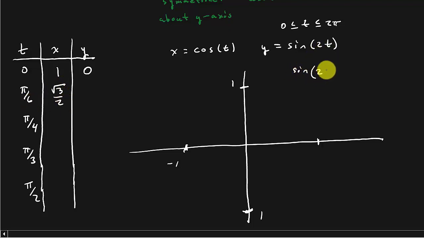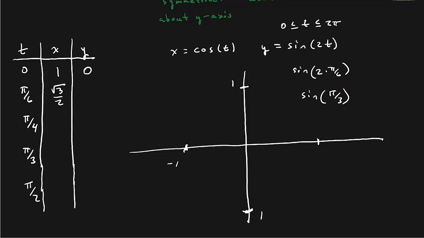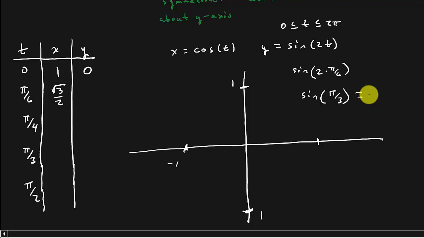That's sine of 2 times pi over 6, which is the sine of pi over 3. Yep. Okay, so this is square root of 3 over 2. So we got square root of 3 over 2.